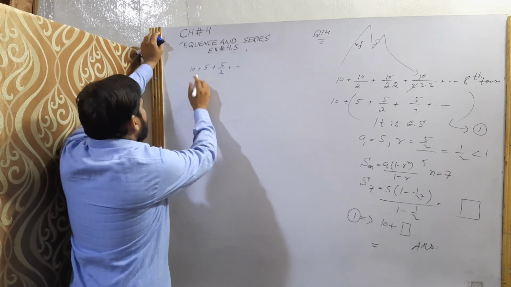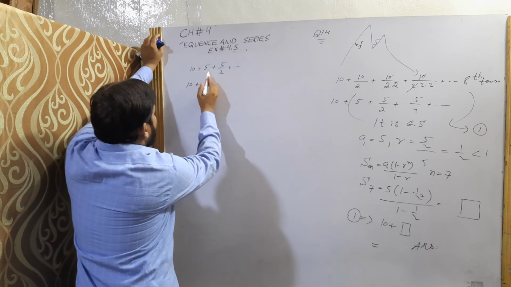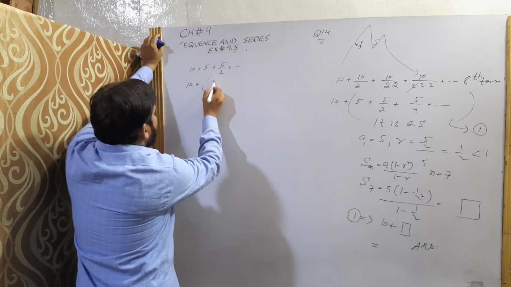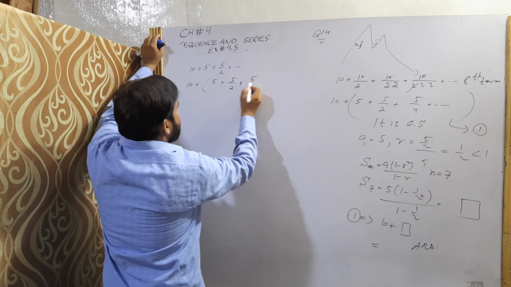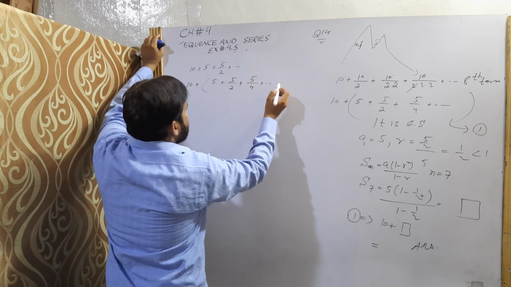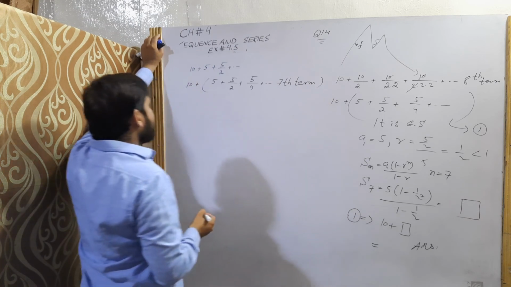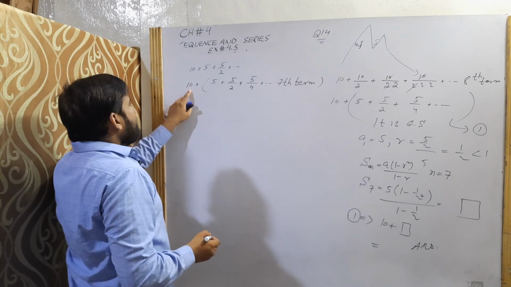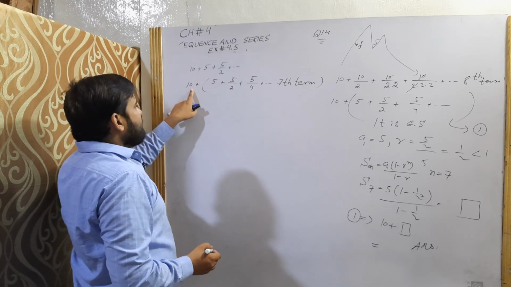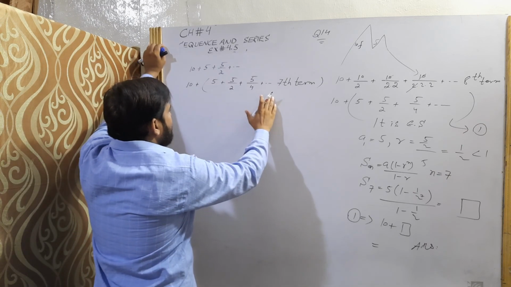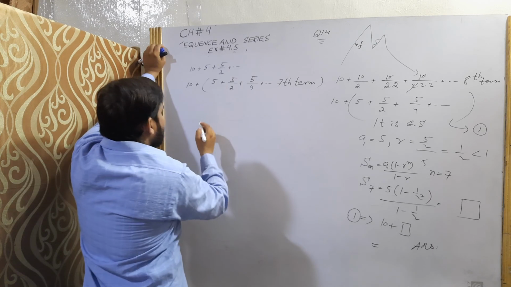For example, in this case 10 plus 5, plus 5 by 2, plus 5 by 4, and so on up to the 7th term, because in this case we are not taking 10. The 8 terms include 10, but here 10 is excluded. So simply find the sum and add 10.